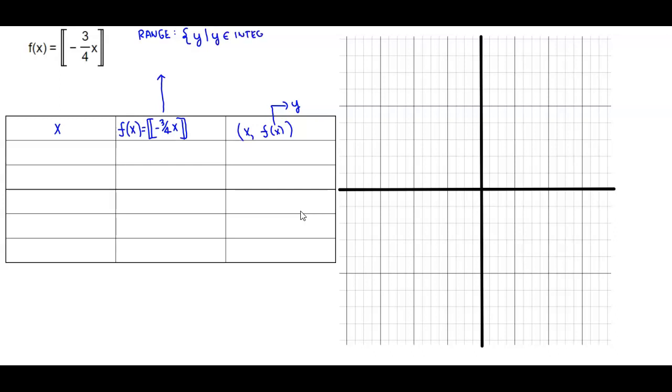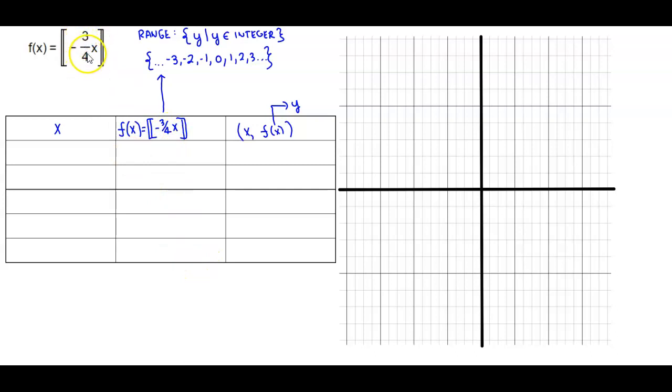Another way of showing that is the set of integers that go from -3, -2, -1, 0, 1, 2, and then 3. So these are the types of numbers that we're going to get as the output. The input is what we need to plug in to determine what our output's going to be.